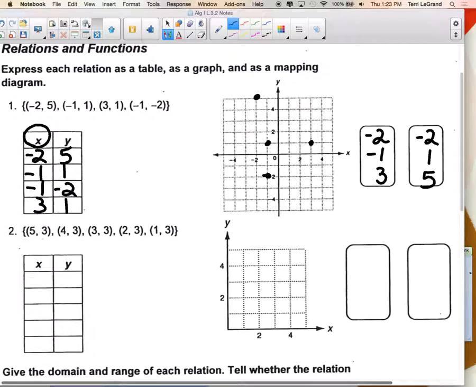And now we do our mapping. -2 maps to 5. -1 maps to 1. But -1 also maps to -2. There's our breakdown for being a function, isn't it? It's being mapped to 2 different y values. And 3 is mapped to 1. Okay? Questions?